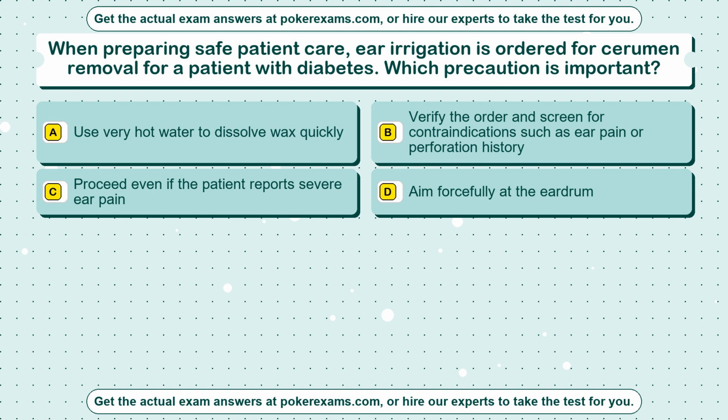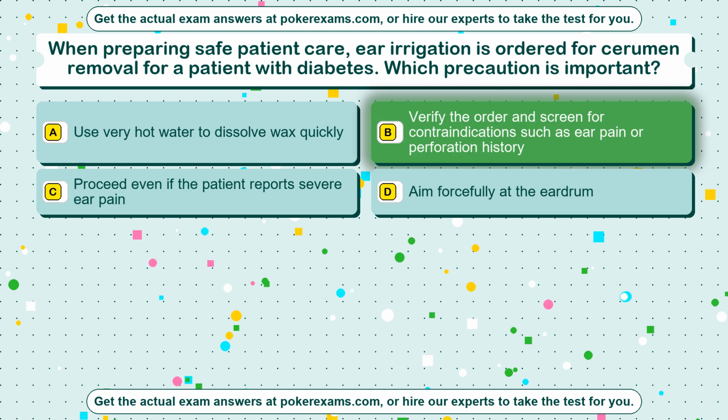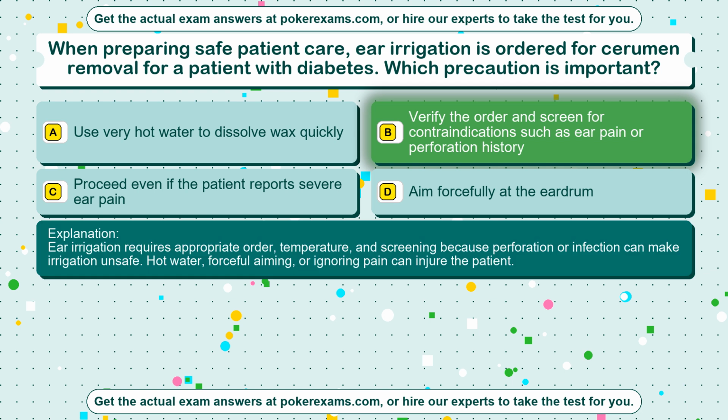Option D, aim forcefully at the eardrum. The correct answer is option B, verify the order and screen for contraindications such as ear pain or perforation history. Ear irrigation requires appropriate order, temperature, and screening because perforation or infection can make irrigation unsafe. Hot water, forceful aiming, or ignoring pain can injure the patient.